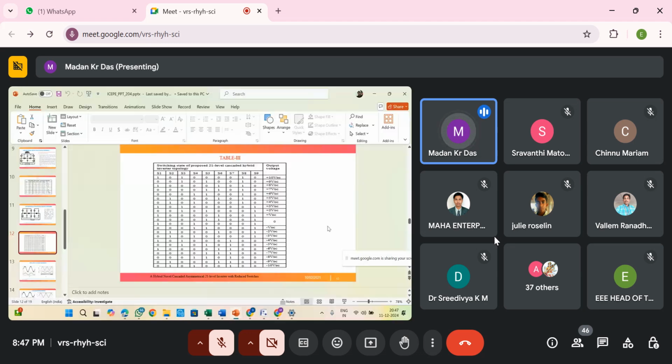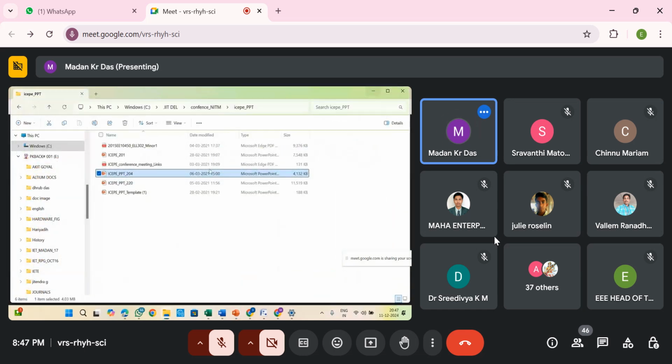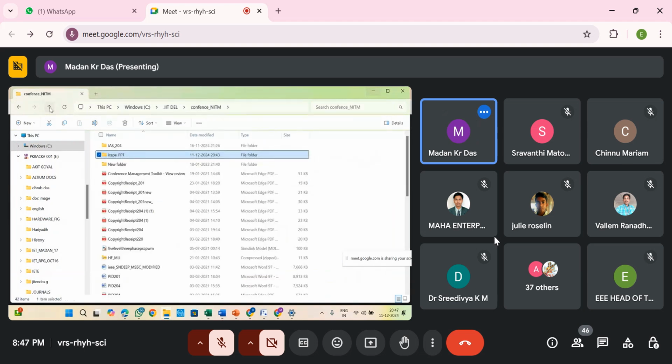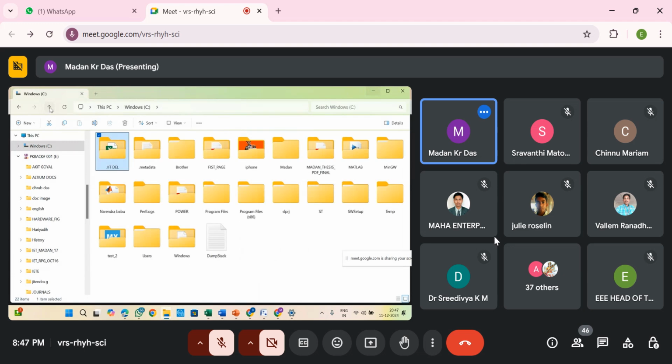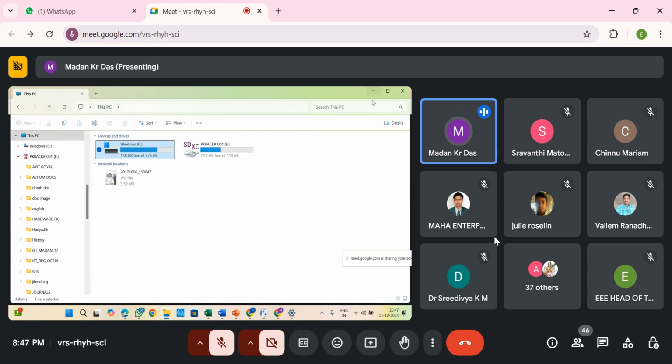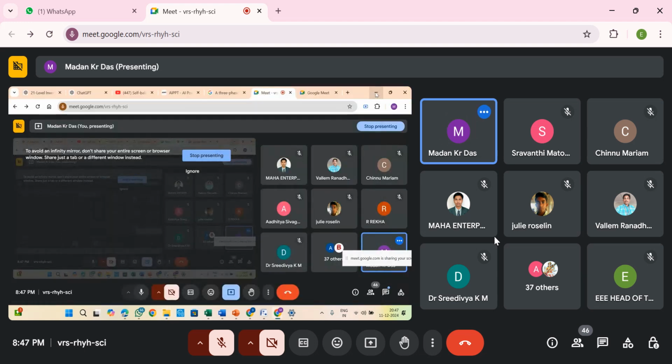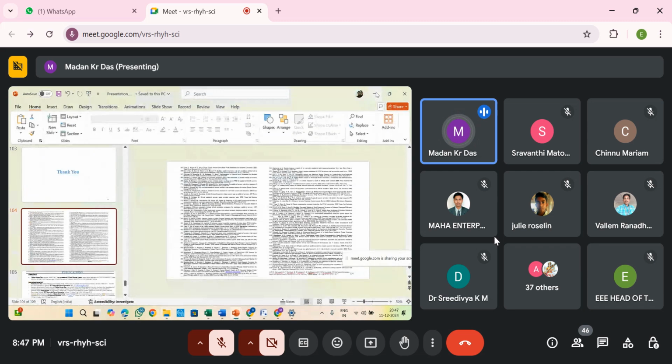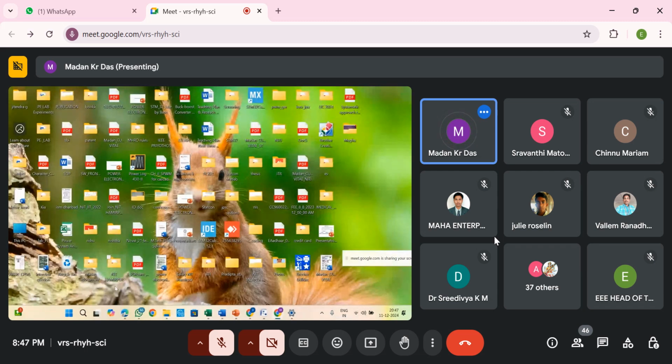Now I can show some other 21 level inverter. I can show the paper.